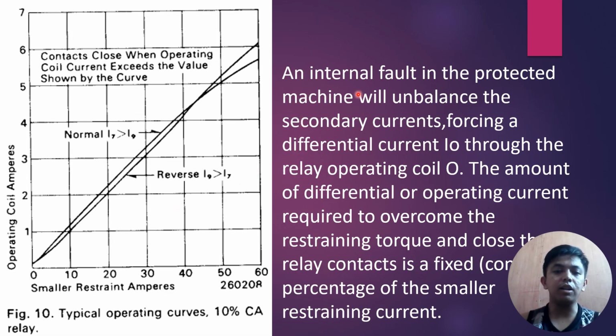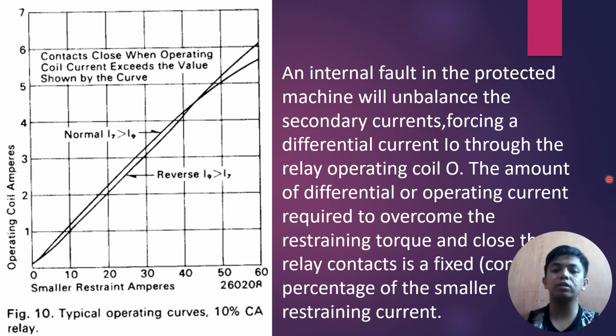Then an internal fault in the protected machine will unbalance the secondary currents, forcing a differential current IO through the relay operating coil. The amount of differential or operating current required to overcome the restraining torque and close the relay contacts is a fixed percentage of the smaller restraining current.